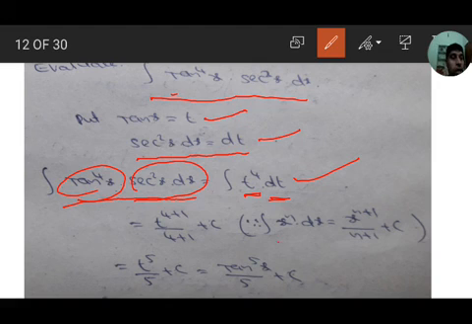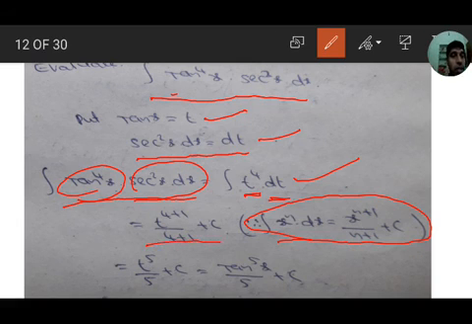So by the formula, integration x to the power of n is x to the power of n plus 1 by n plus 1 plus c, here the variable is t and n equals 4, t to the power of 4 plus 1 by 4 plus 1 plus c, that is t to the power of 5 by 5 plus c. T means tan x, so (tan x) to the power of 5 by 5 plus c.